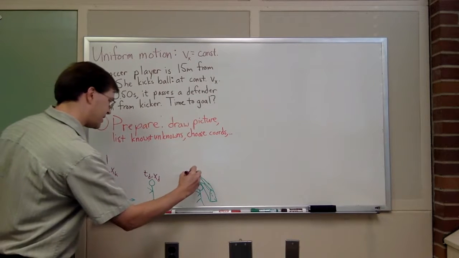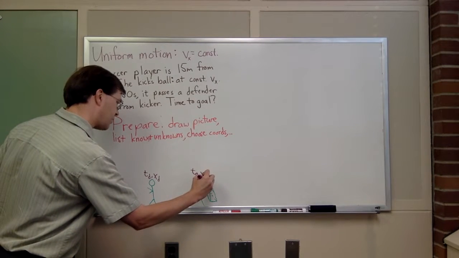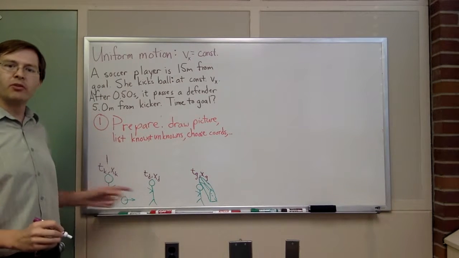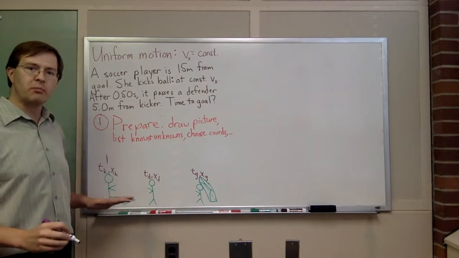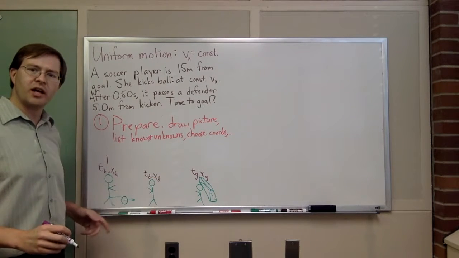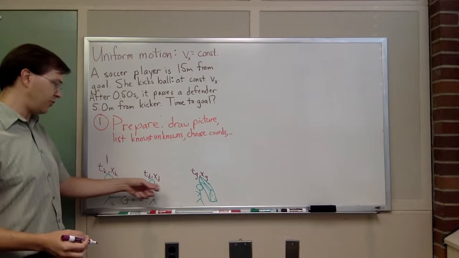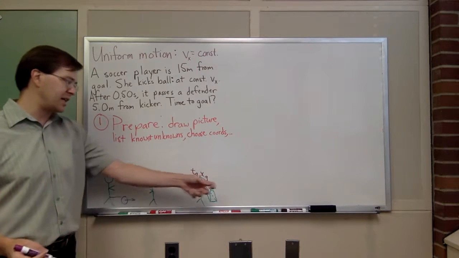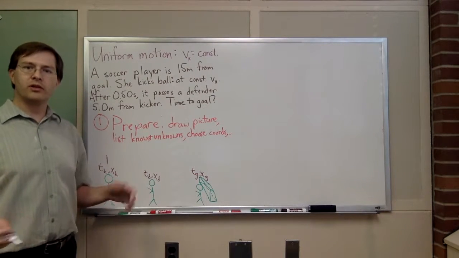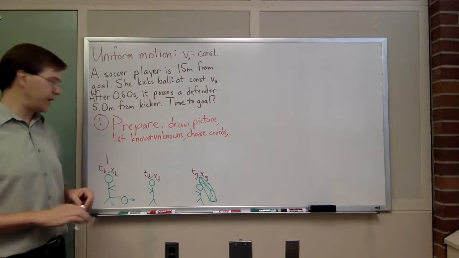And I'll label the time when it reaches the goal and the position x when it reaches the goal. So I've labeled those 3 points for time and position. If the ball's velocity were changing along here, I'd probably also be labeling velocity at the kicker, at the defender, at the goal. But the velocity is constant, so I'm not going to bother writing that down.